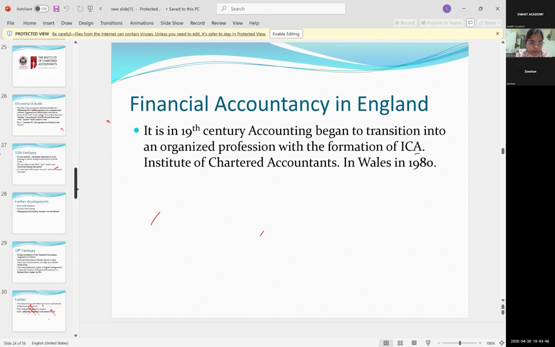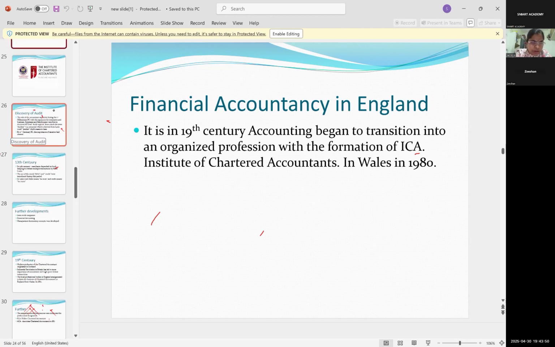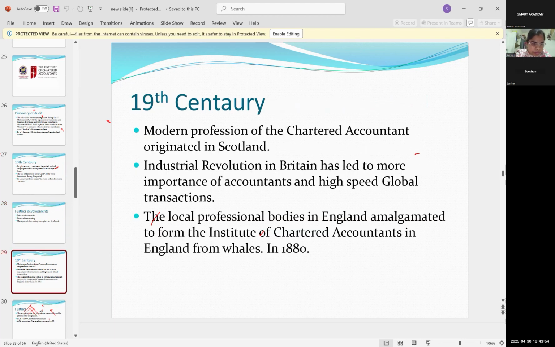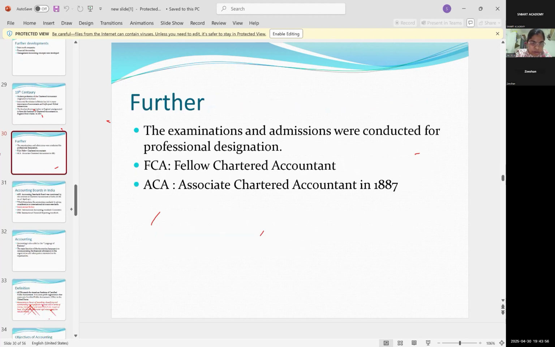And this ICA will conduct two exams. The first one is Associate Chartered Accountant, and the next one is Fellow Chartered Accountant. They'll conduct an examination.